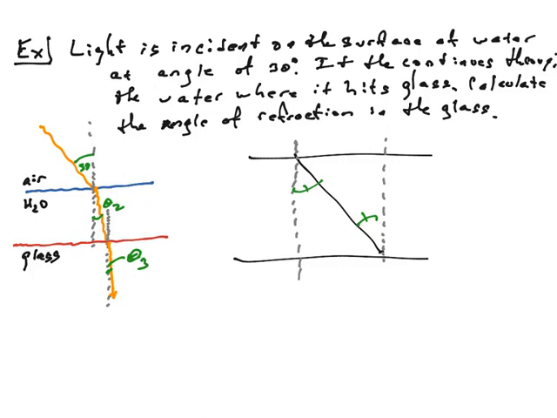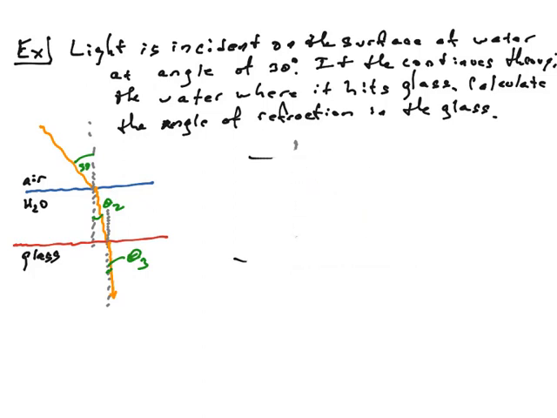So that makes this easy. I don't have to do any fanciness. I happen to know that this angle here is also theta 2. Same number. And it always is, okay? It's not a special case. Every time you have a 2-layer or 3-layer or 4-layer system, the same thing's going to happen. If you know the angle that's going through the water, that's the same as the angle of incidence from the water to the next thing.